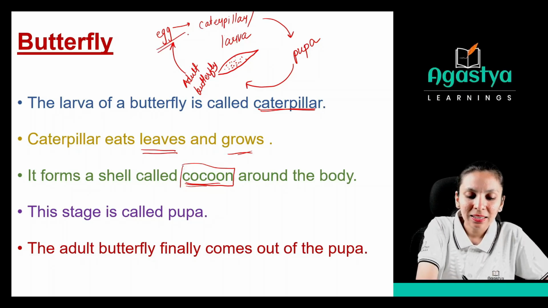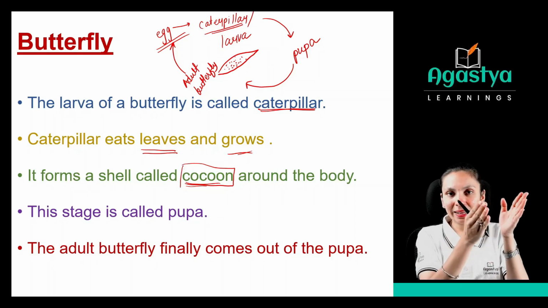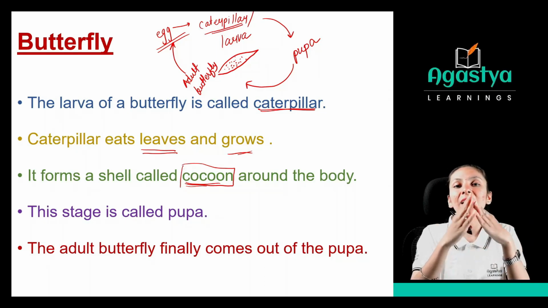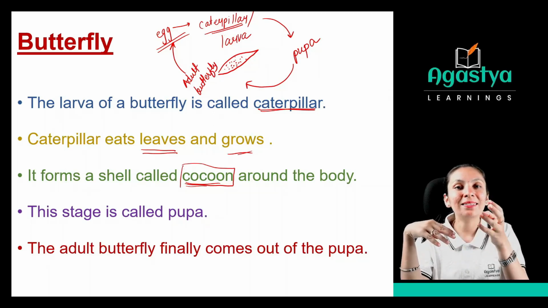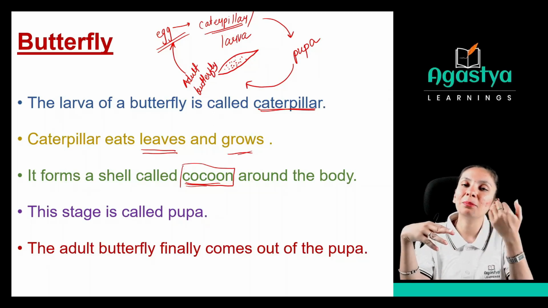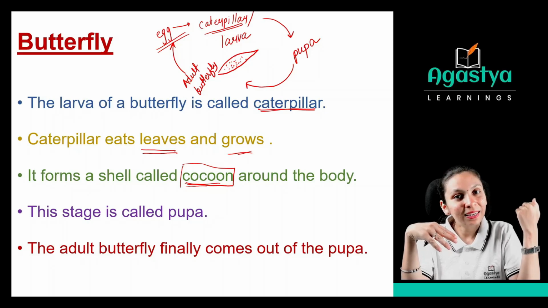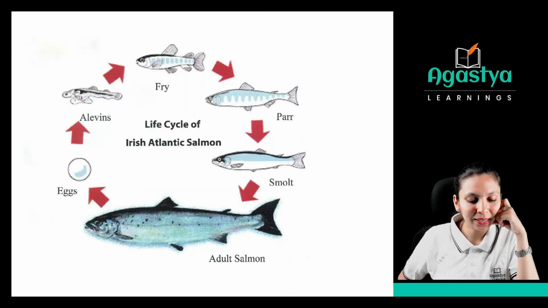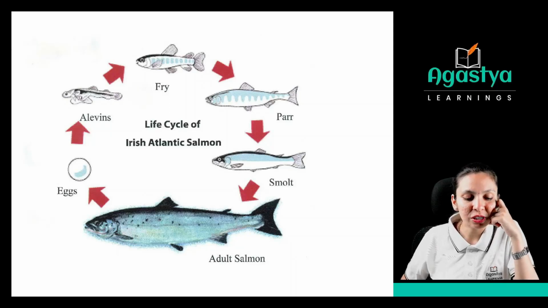So these are the 4 different stages: the egg, the caterpillar or larva, then the pupa, and as the pupa matures, the butterfly will emerge. Clear these things? Okay.